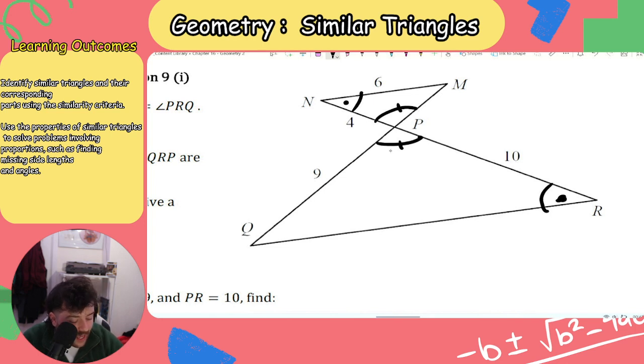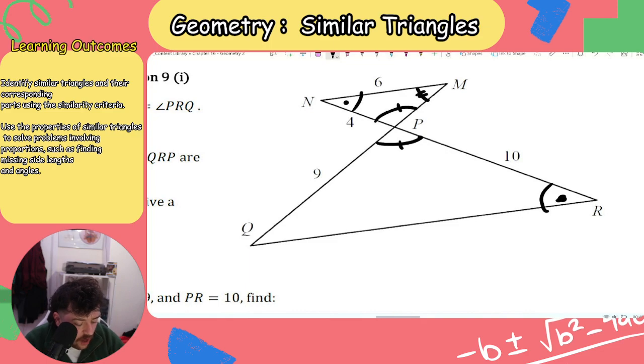If they share two of the same angles, then the third angle has to be the same too. Because if this was 50 and this was 60, the other angle has to be 70, and this one would have to be 70 as well. So if at least two of them are the same, the third one has to be the same as well.